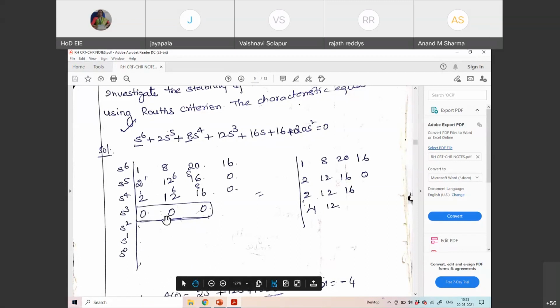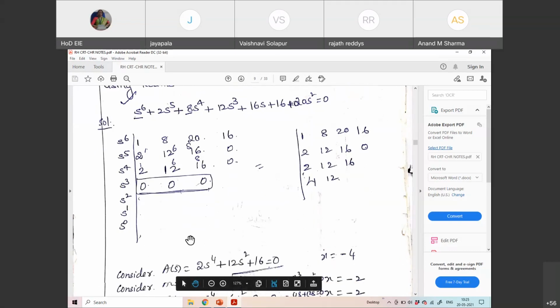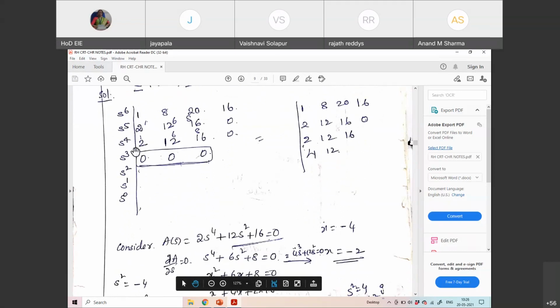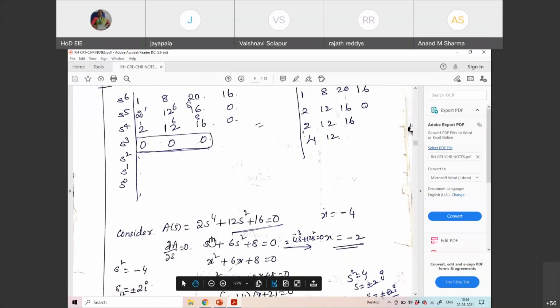In order to find these elements of s cube, you have to find the derivative of that auxiliary equation, whatever you have obtained. So what was the auxiliary equation? 2s to the power of 4 plus 12s square plus 16 equal to 0. This auxiliary equation has to be differentiated in order to get the elements of s to the power of 3.